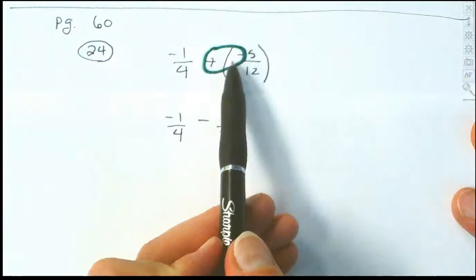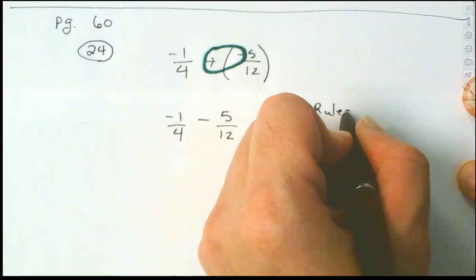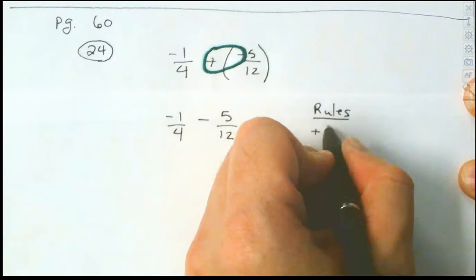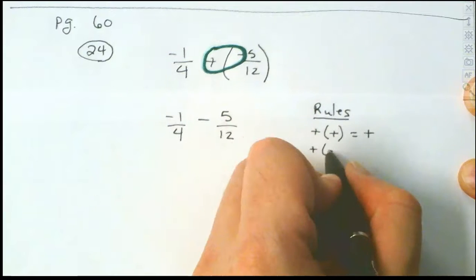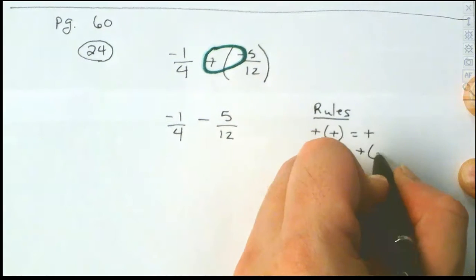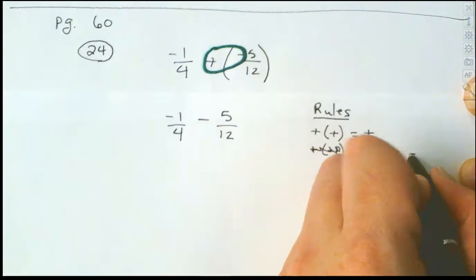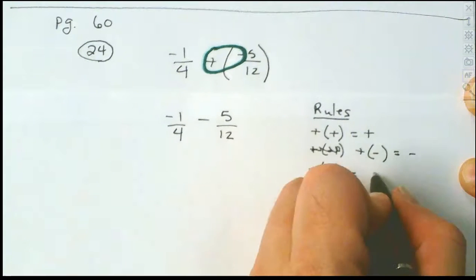Because remember our rule. Just so we remember, here are our rules. Positive times a positive is a positive number. Positive times a negative is negative. Negative times a positive is still negative.